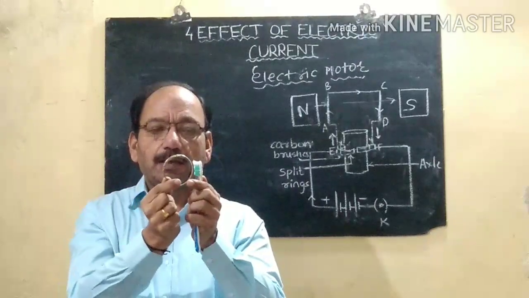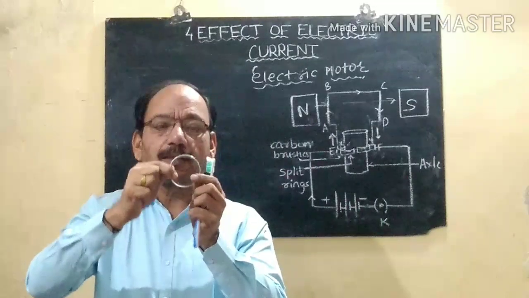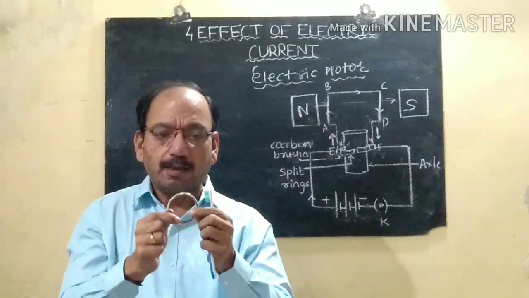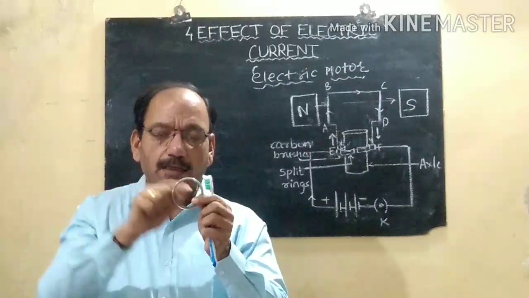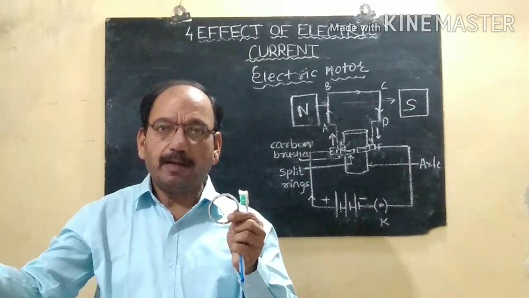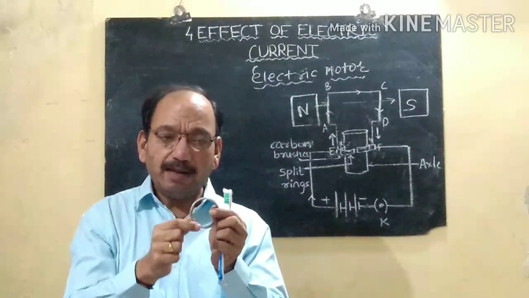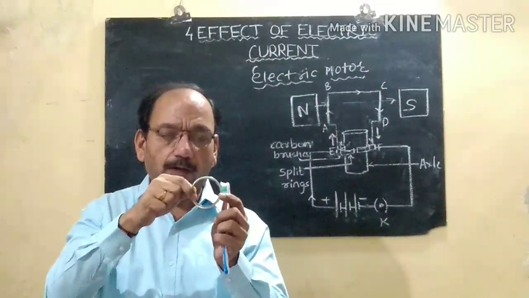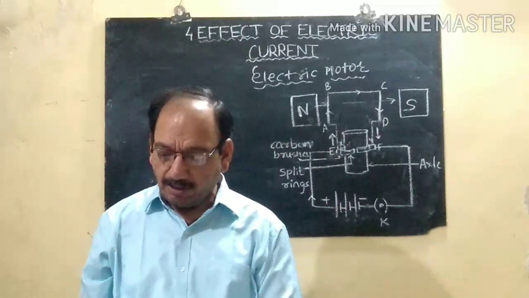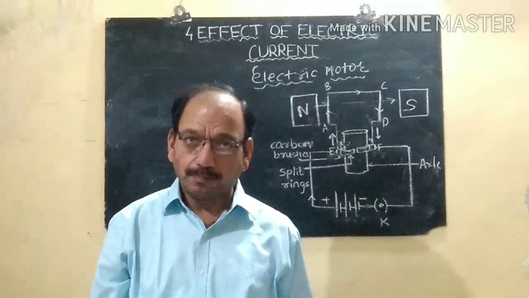When the brush comes in contact with the gap between the split rings, at that time the X split ring comes in contact with the other terminal of the battery, that is the negative terminal, and the Y split ring comes in contact with this carbon brush. This means we can change the direction of current by changing the pole.